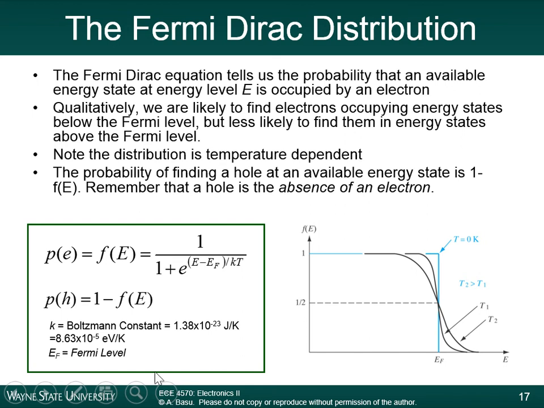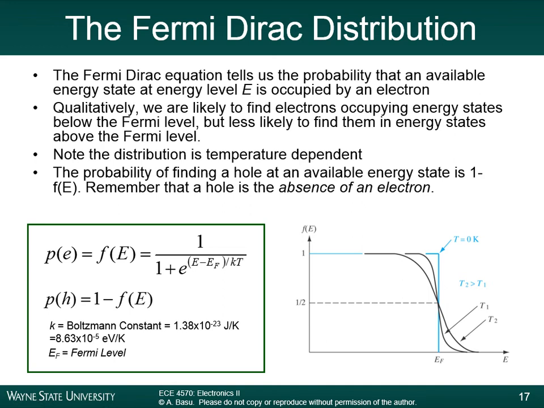F of E is the probability of finding an electron at the energy state. It's called F of E because the input that we put into the function is an energy state. So we'll pick some energy state in the energy band diagram, find what the energy is, and then the Fermi function can calculate what the probability is from there. Now, we always represent the energy in relation to the Fermi level.